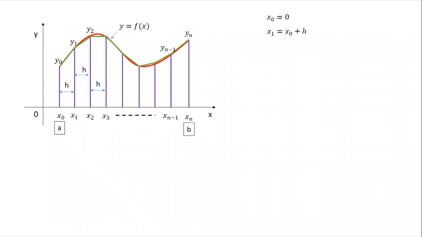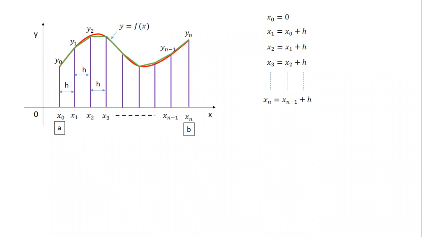Now here start from x0 is equals to 0. So strip size is h for the next coordinate, that is x1. How to find? x0 plus h, where h is the strip size. For x2, x1 plus h, x3, x2 plus h.